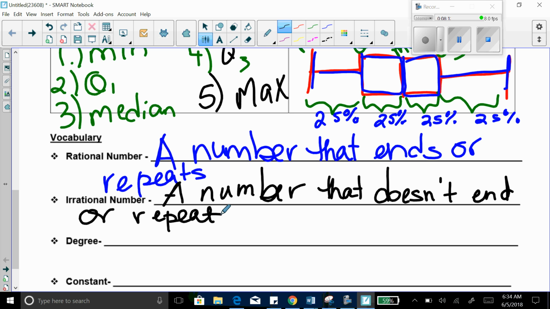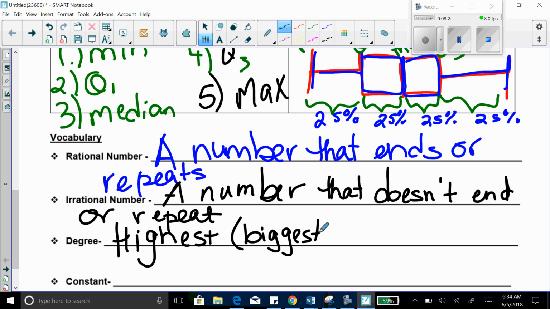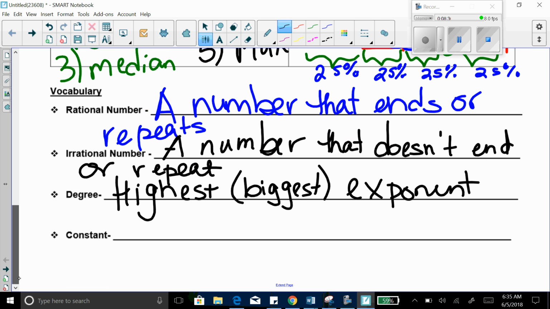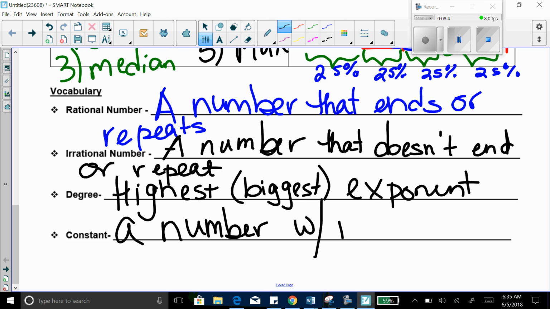The degree is the highest or biggest exponent in a polynomial. So the biggest exponent in a polynomial is your degree. And your constant is a number with no variable.